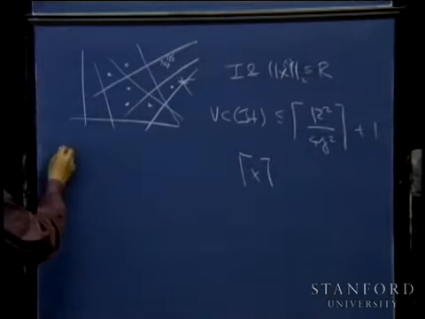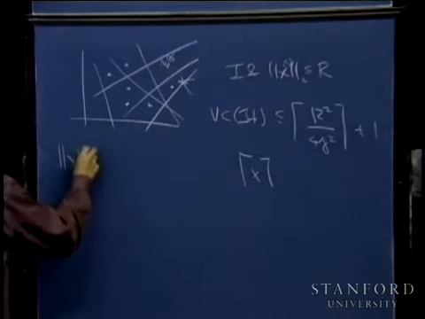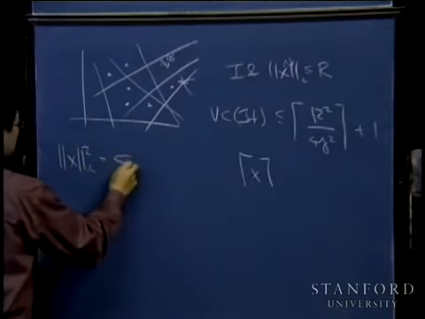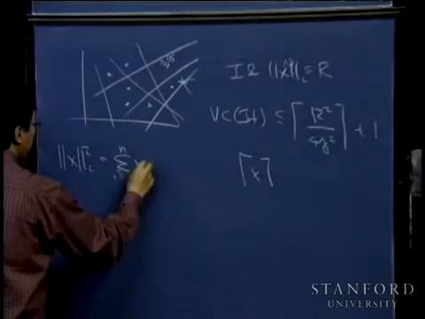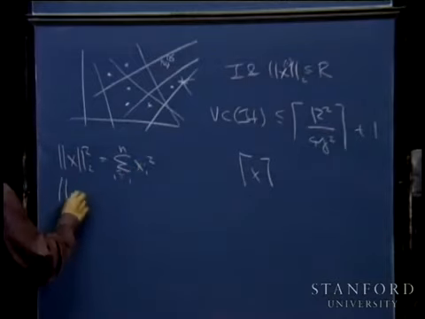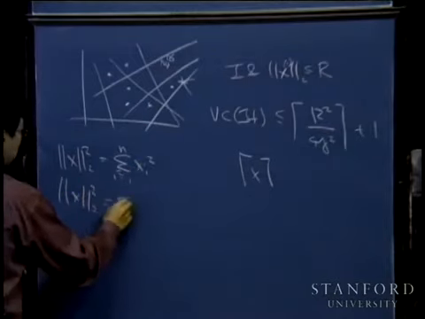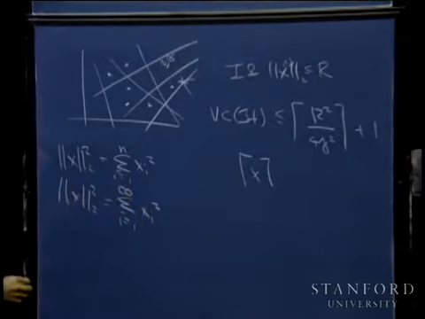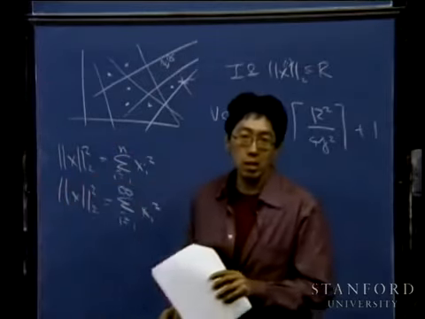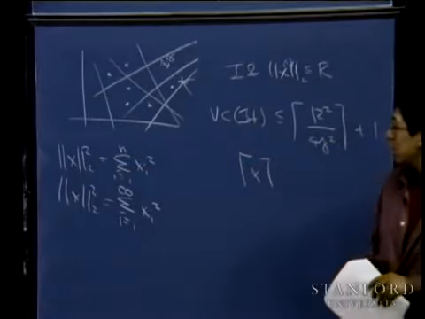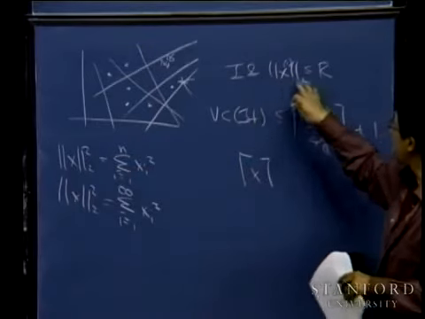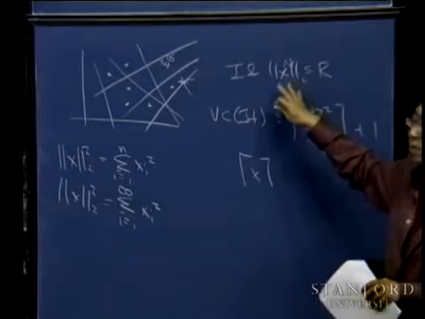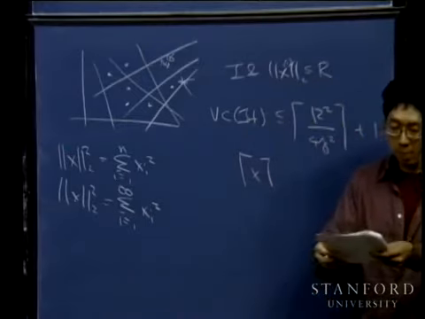Normally the 2 norm squared is equal to the sum from i equals 1 to n of x_i squared. So if x is infinite dimensional, we just define it like that. This is just an infinite sum. Couldn't that not converge for some vector? Yes, but I assume that this is bounded by r. Oh, okay. Right, so this ensures that it converges.